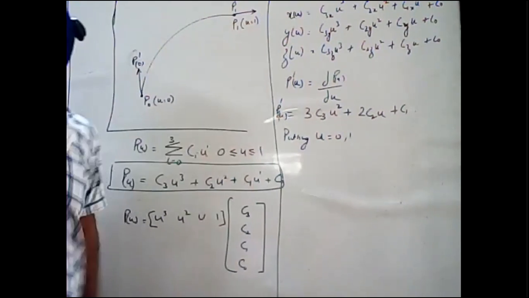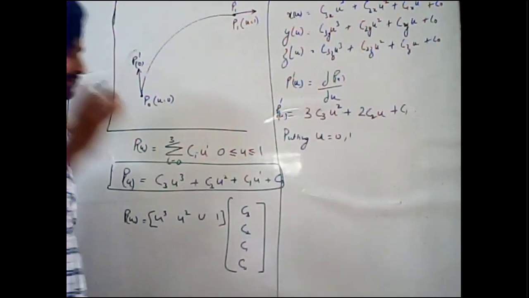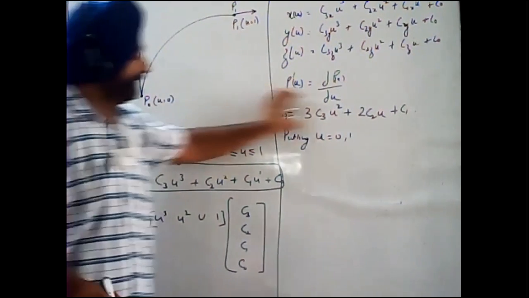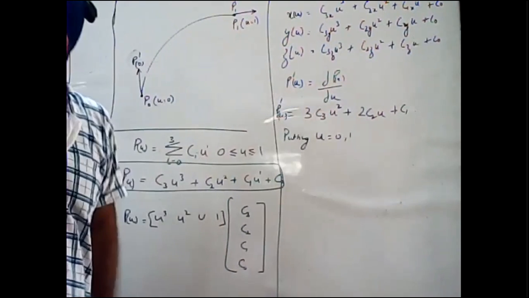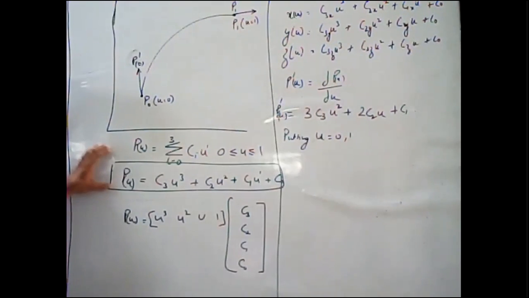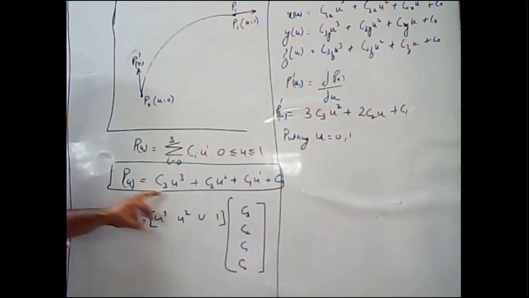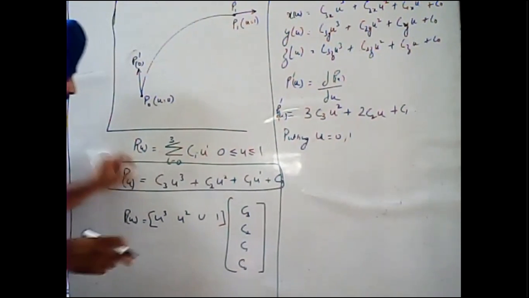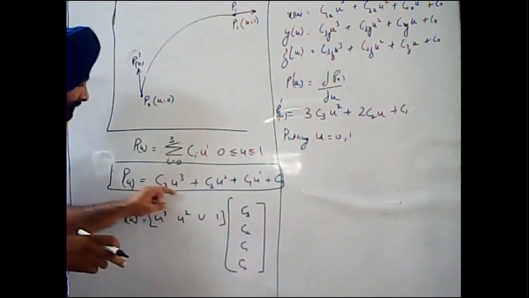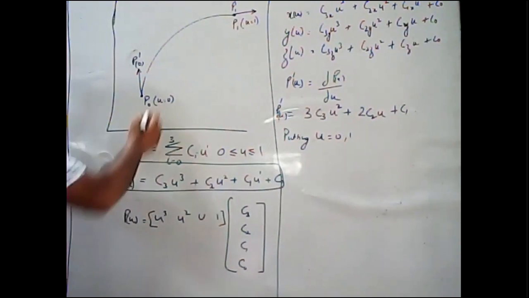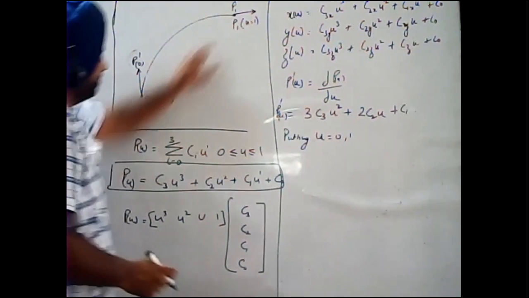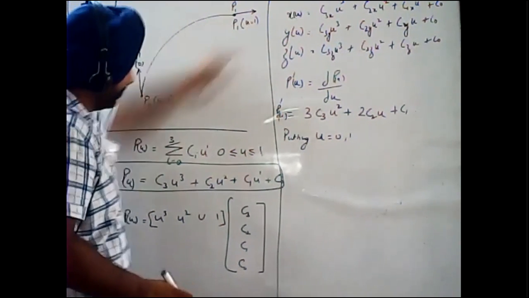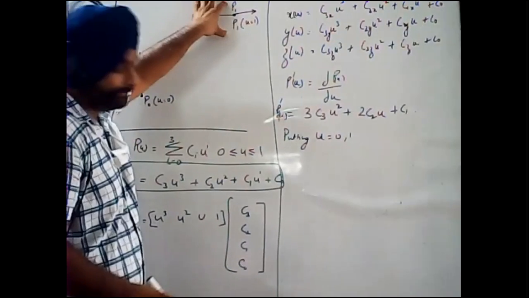That's why we are putting u equal to 0 and u equal to 1 in these two equations. We are having 2 points and 2 tangents. So that means 2 points, P naught and P1. Putting the value of u equal to 0, you will get P naught. Similarly, putting the value of u equal to 1, you will get the value at this end.